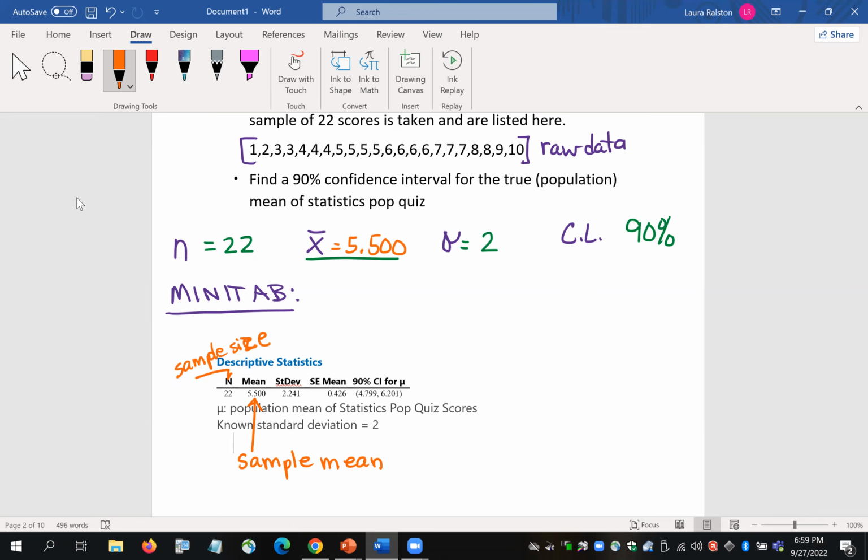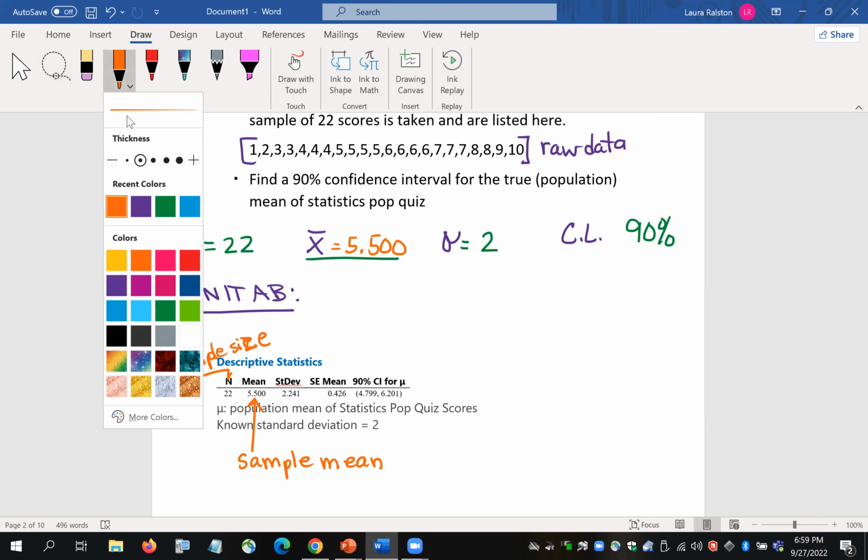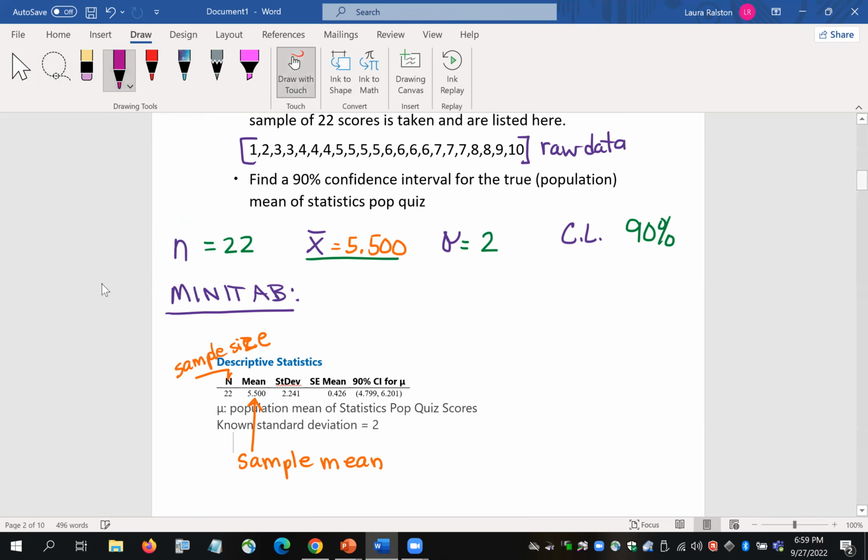It also calculates, and again, I don't need it in this problem, the sample standard deviation. And notice that that sample standard deviation is different from the population.